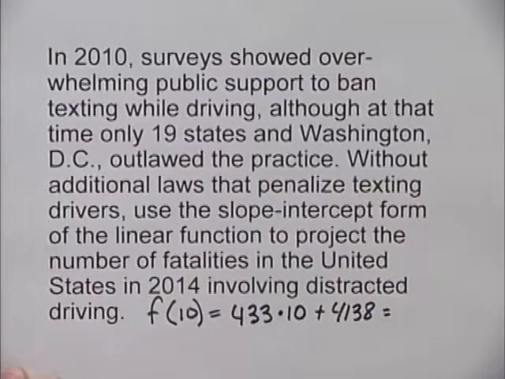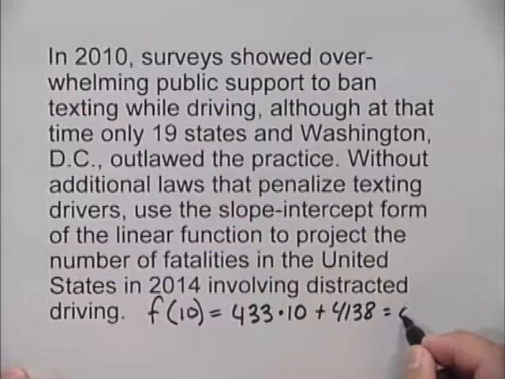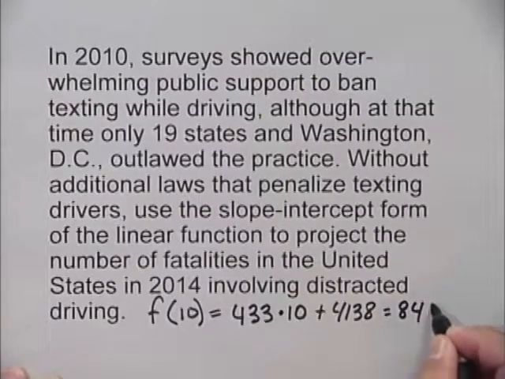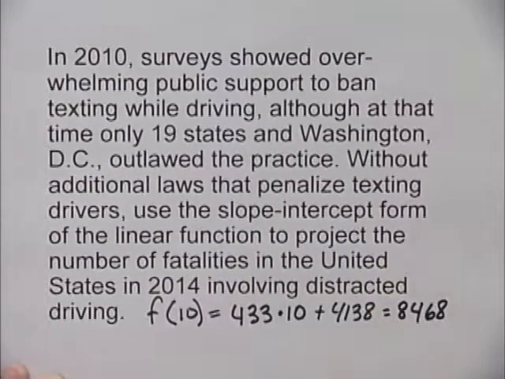When we evaluate that, the result is 8,468, and that tells us that the projected number of fatalities in the United States in 2014 involving distracted drivers would be 8,468.